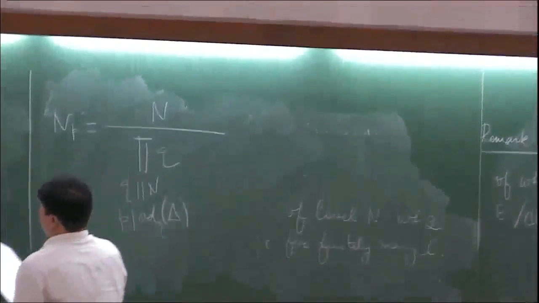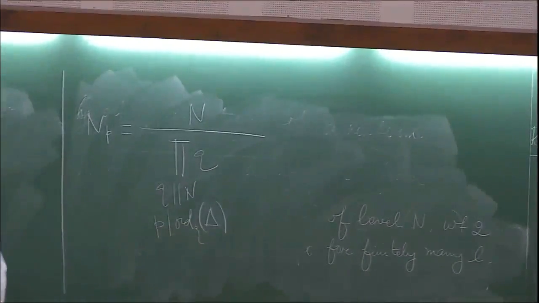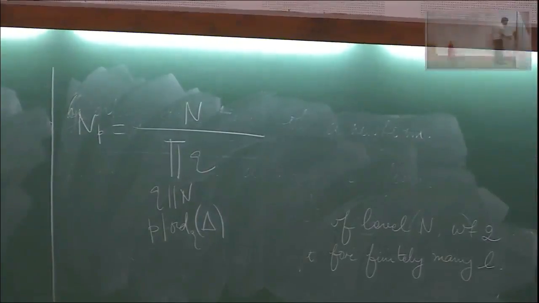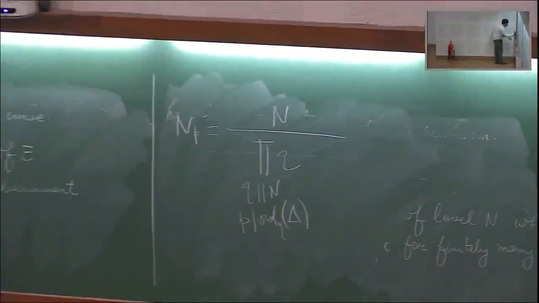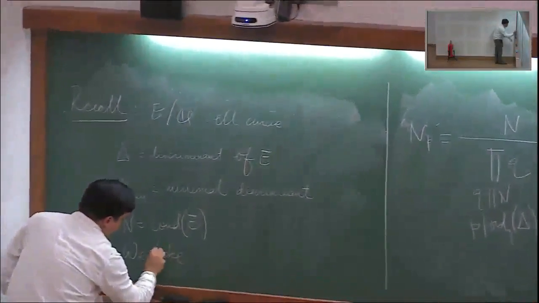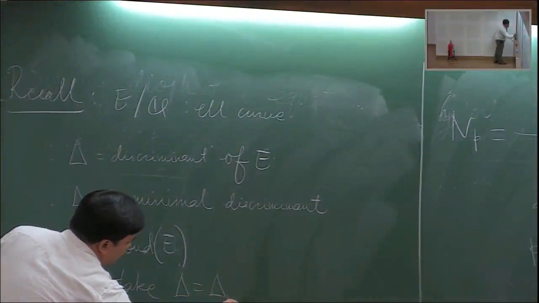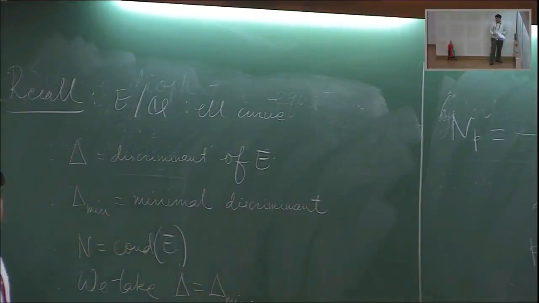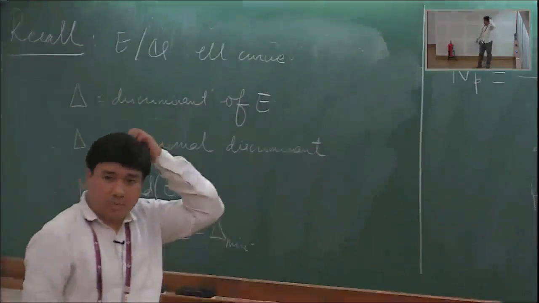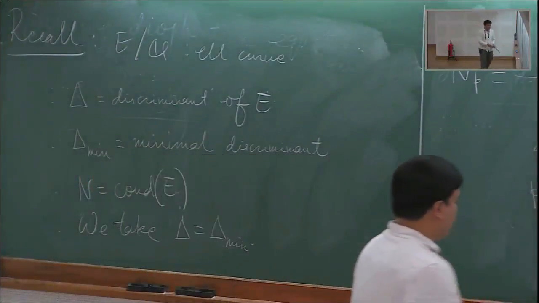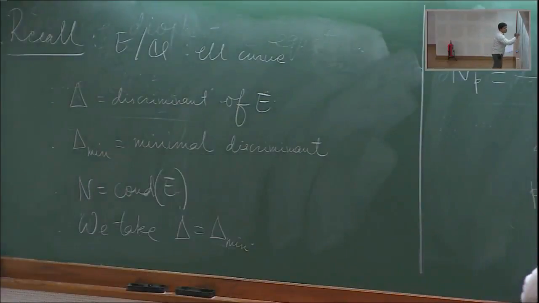Okay, so from now on we suppose we take delta equal to delta min, by which I mean that we're always looking at the minimal Weierstrass model of the elliptic curve. Now let me state this very nice theorem due to Ribet.